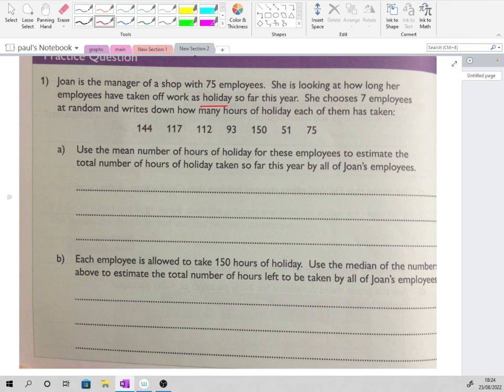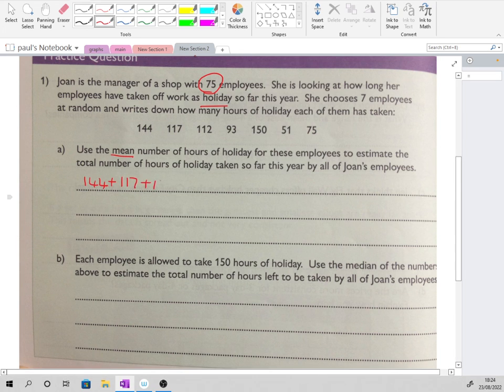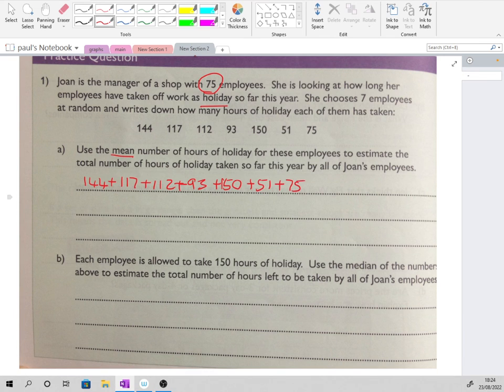Right, so estimate the total number of hours of holiday taken by all of Joan's employees. Joan has got 75 employees. So first of all we've got to work out the mean. So we need to do 144 plus 117 plus 112 plus 93 plus 150 plus 51 plus 75 and divide all of that by 7.